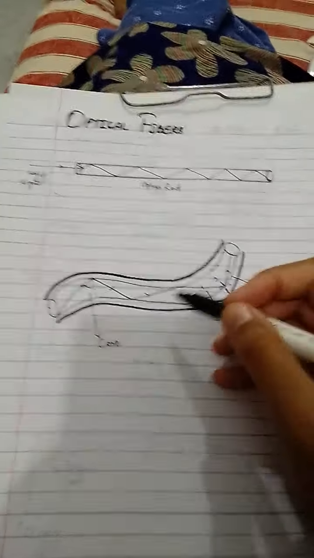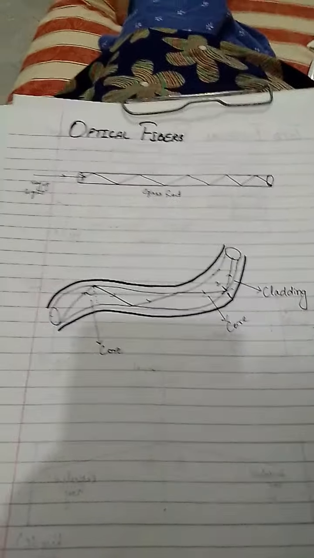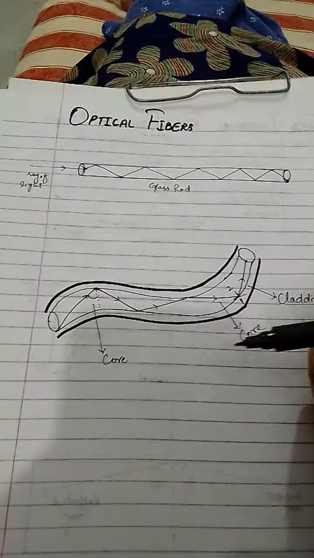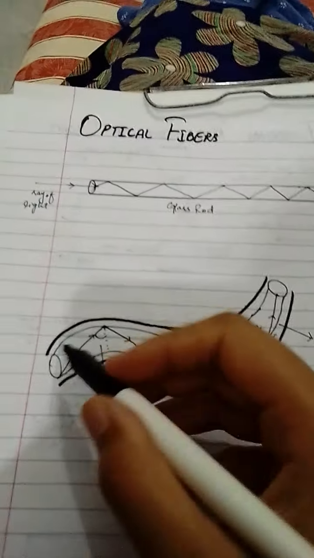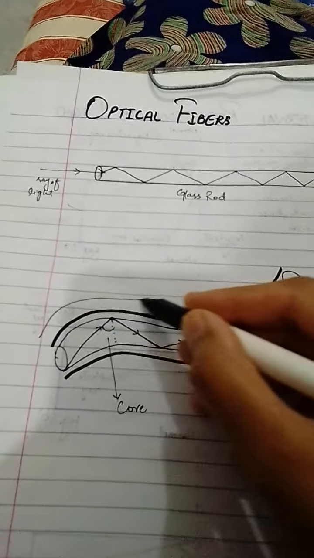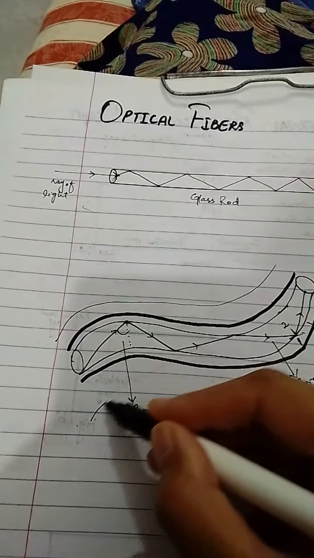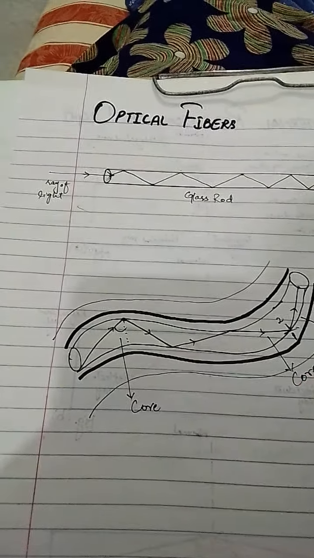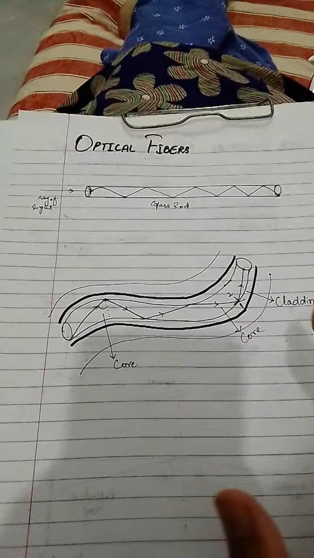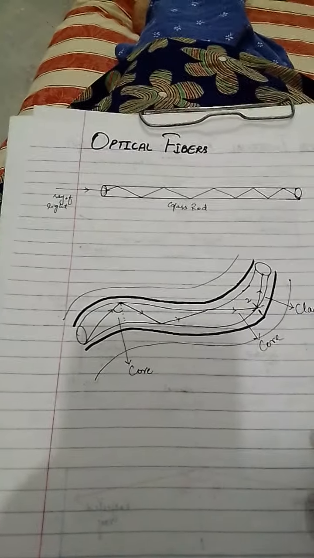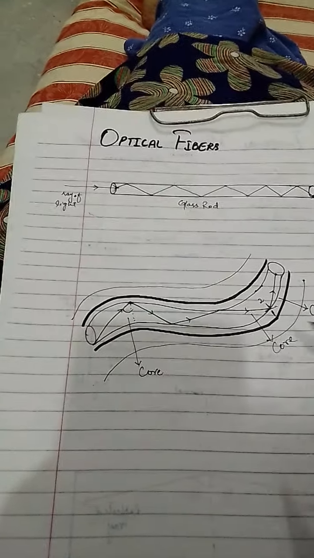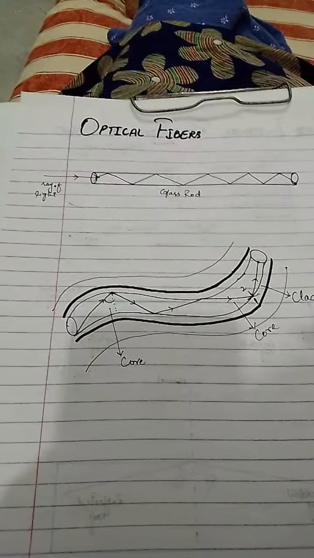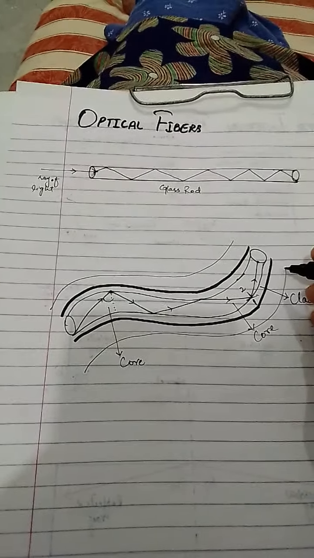Okay, now coming to the third part. The third part is the jacket. What is the jacket? As the name suggests, it is the outermost layer on the wire. It is made of an insulator, for the protection of the wire from being scrambled or bent, and it also protects from attenuation.